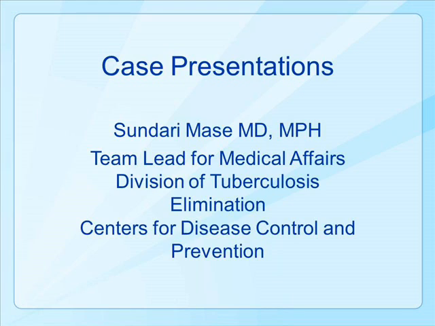And we at the Division of TB Elimination work closely with the Division of Global Migration and Quarantine to hear these cases and try to help make a determination of whether the patient is infectious or not and whether there are extenuating circumstances that would compel the patient to come to this country before TB treatment is over. And generally it has to do with whether they would get better or would get optimal care here with expert consultation for very challenging cases.